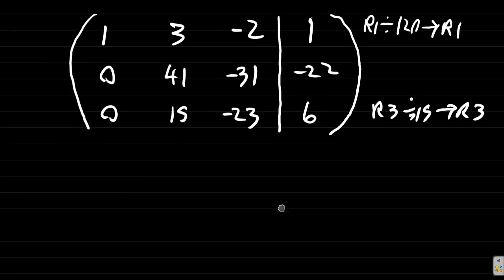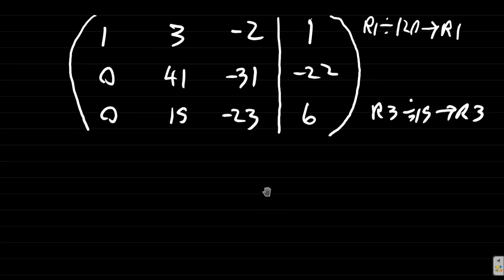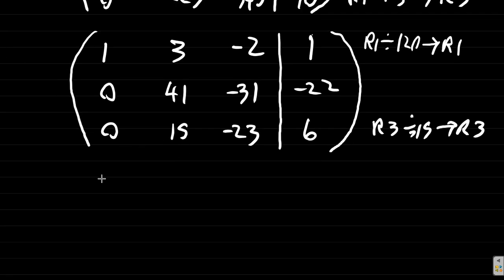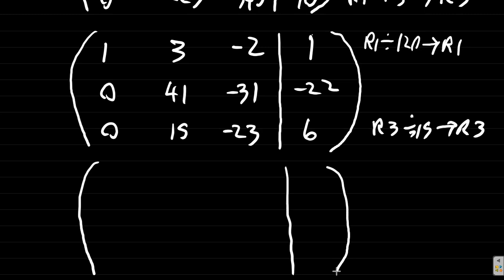Now, we're going to get big numbers again because we want these two to be the same. So now, let's see what we do. Let's keep row 1 as it is: 1, 3, negative 2, 1. Now, for row 2, let us multiply row 2 by 15 to give us our new row 2.